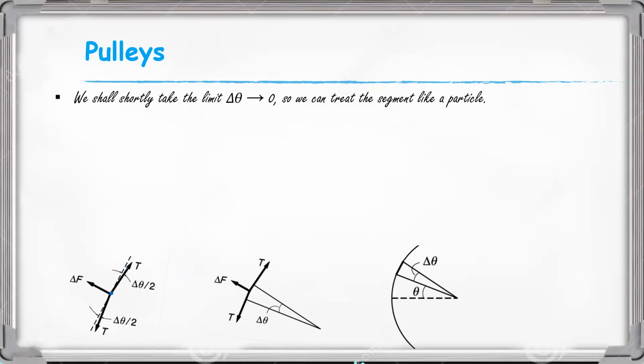Then the angle between the tangent and the tension is delta theta by 2.